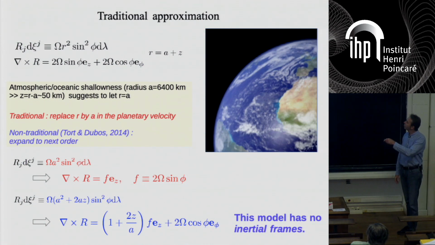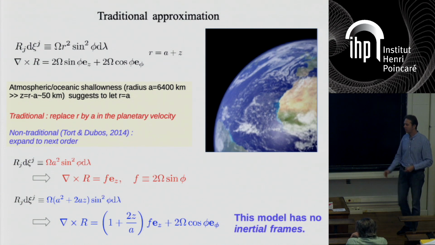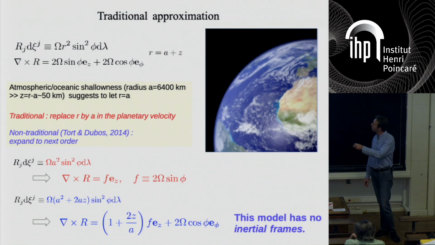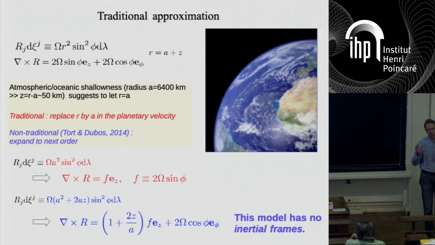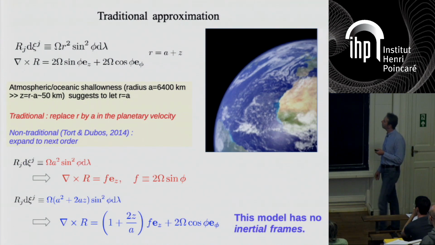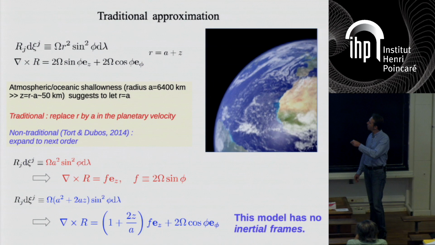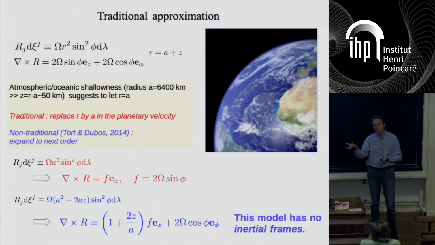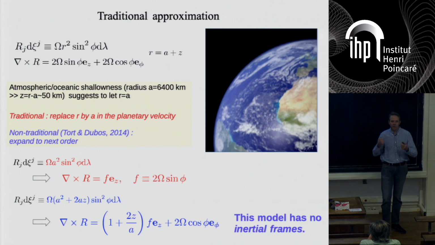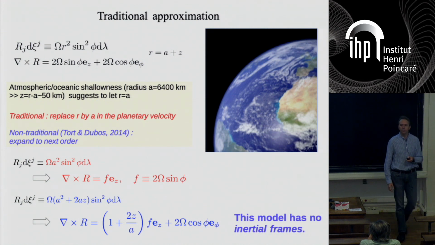And you have some correction here. And this correction implies that the curl of R is still a curl, right? It's still non-divergent, but you cannot change frame again to place yourself in an inertial frame.